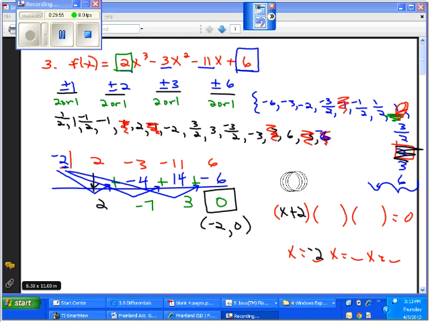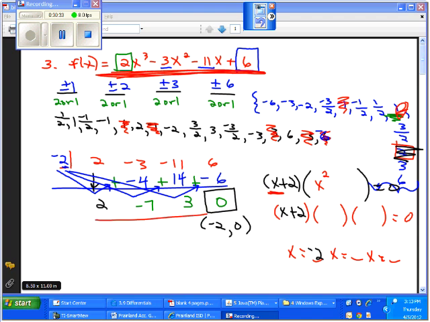I wanted to have that in place down there so you could see what those look like. Okay, now here's what we've got then. We've actually got x plus 2 times the quadratic. So what happens is when we take this cubic and take out a factor with an x in it, it reduces to something inside with an x squared.